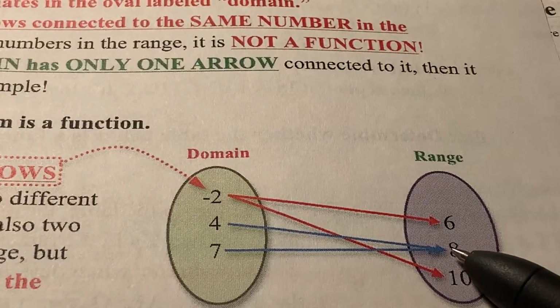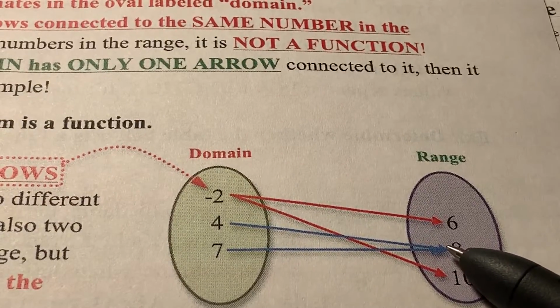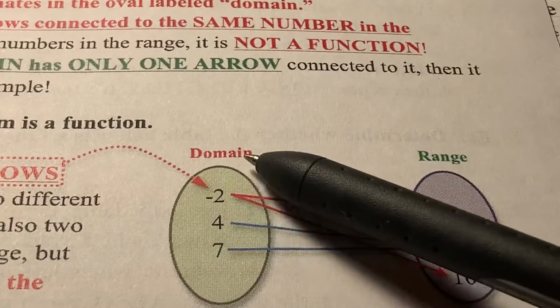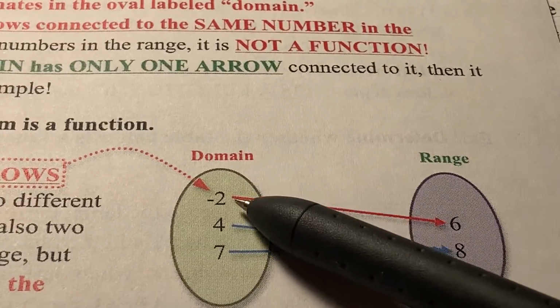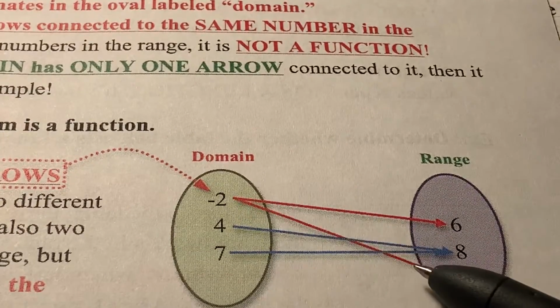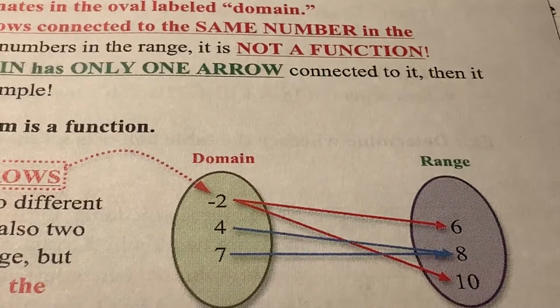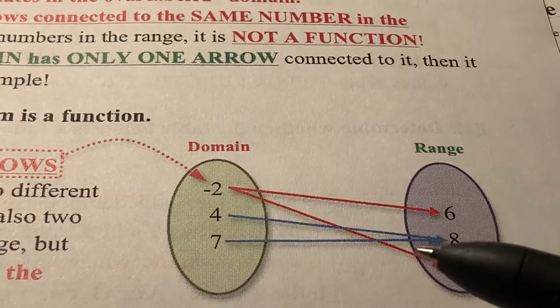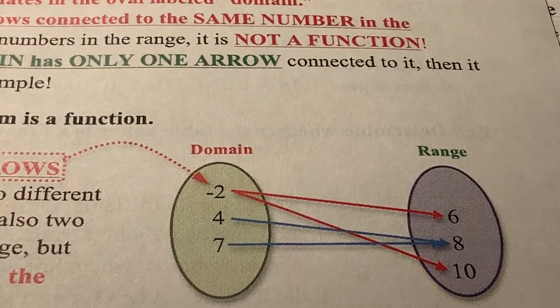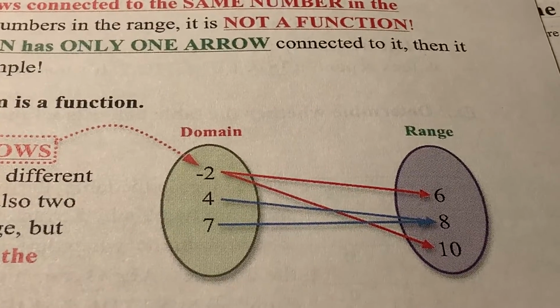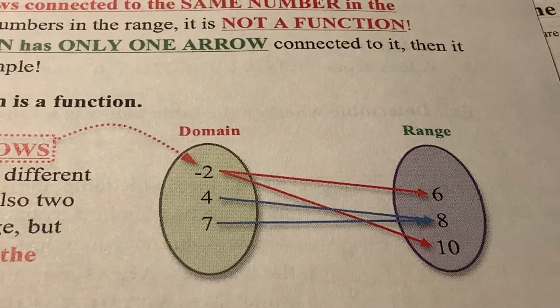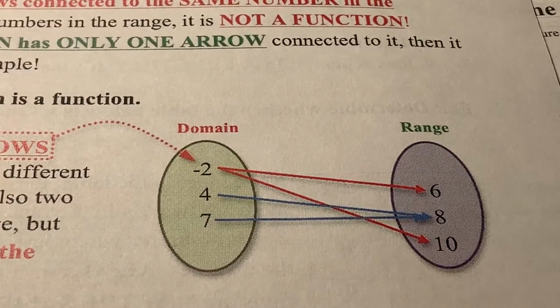I am concerned, however, about -2 in the domain. I see 2 arrows leaving the -2. That's what makes this diagram not a function. Okay? So I want to make sure you understand that very, very clearly. Ladies and gentlemen, I want to say this one last point.